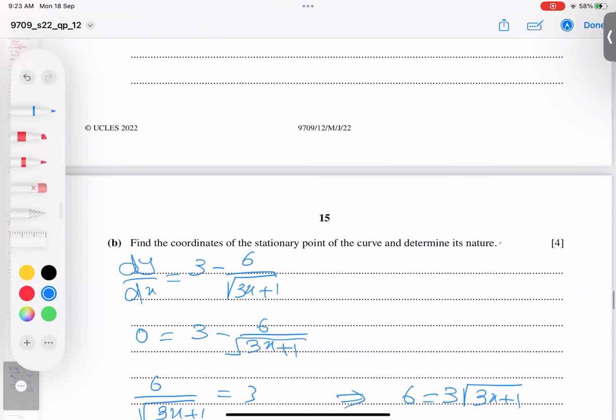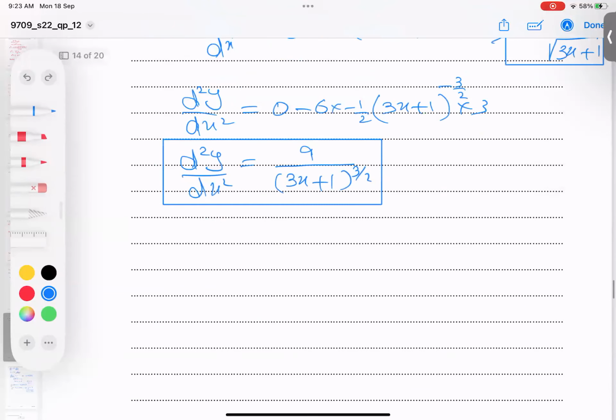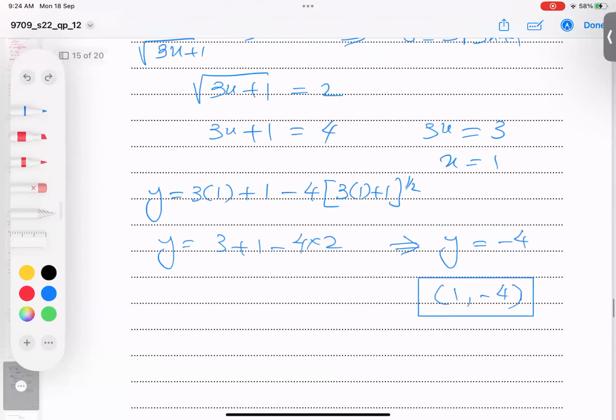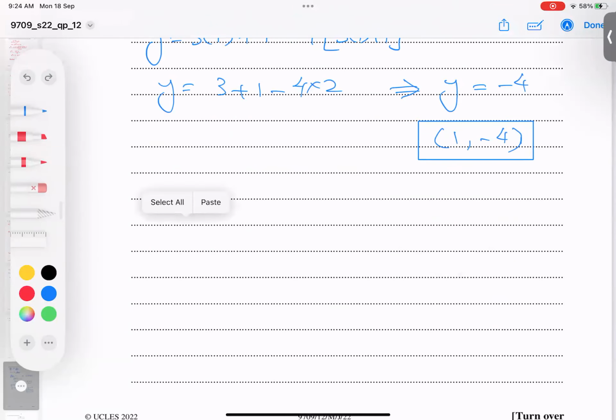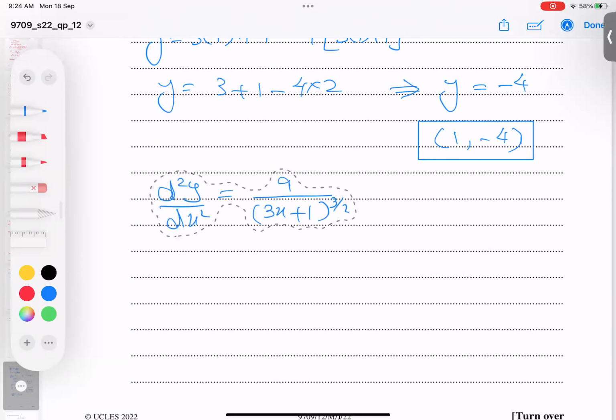But he said at the same time, nature. For that reason, I will take the second differentiation, students. Come back, and what is the method? We put the x value. And what is the x value? Stationary point 1.